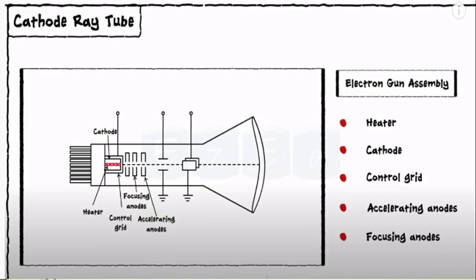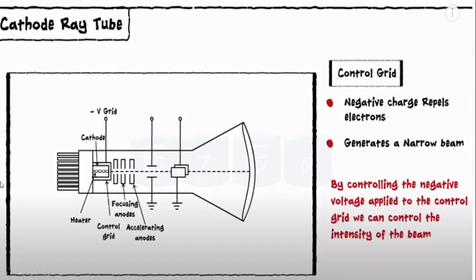Thus by controlling the negative voltage applied to the control grid, we can control the intensity of the beam. This electron beam is then passed through a set of accelerating and focusing anodes.